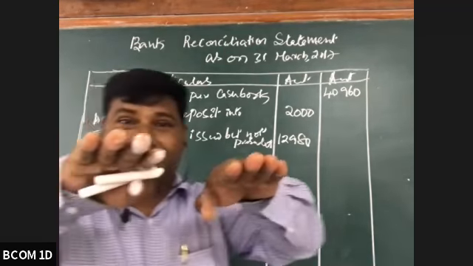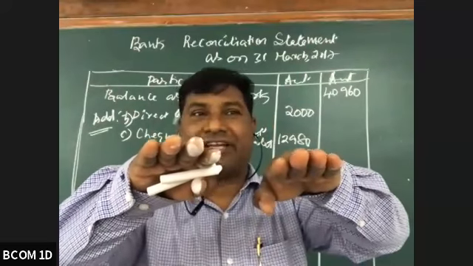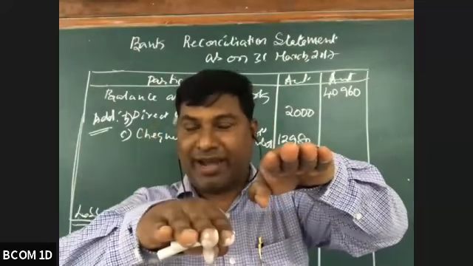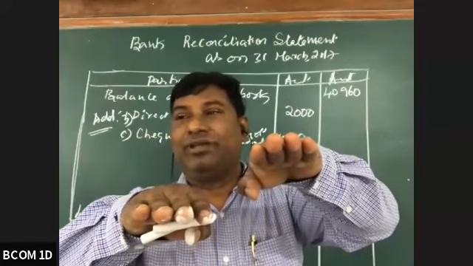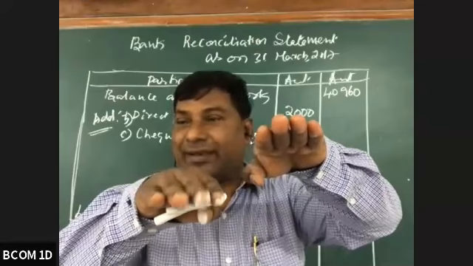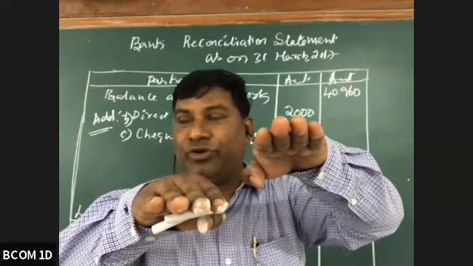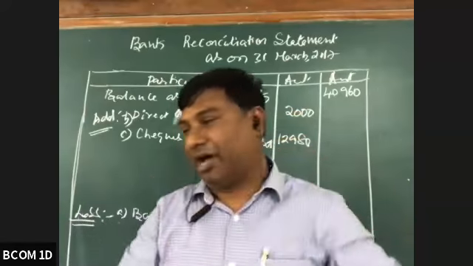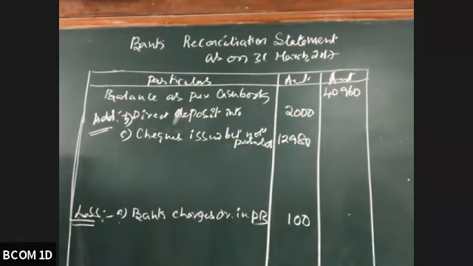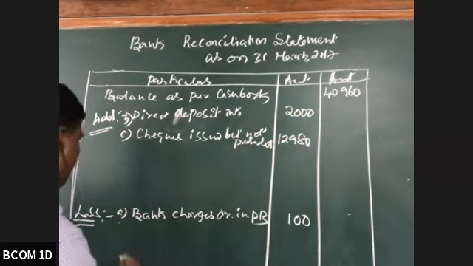Because the discount charges are shown in the passbook, the passbook balance came down, but the cash book remained the same. So in order to reconcile with the passbook, you have to reduce it, bring it down to the level of the passbook. How much are the discounting charges? 800.